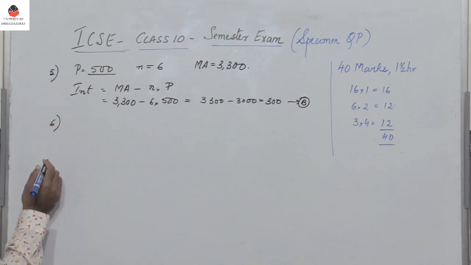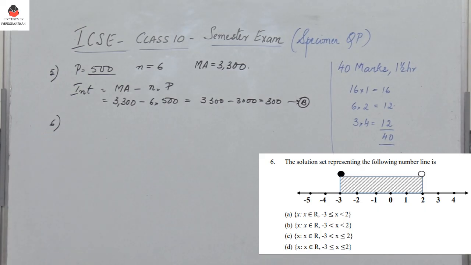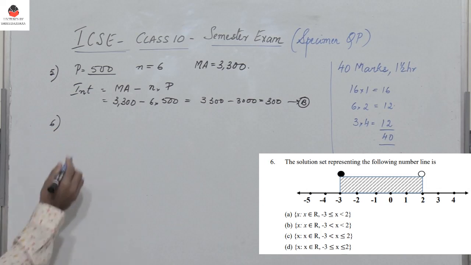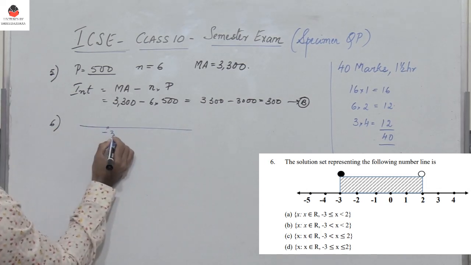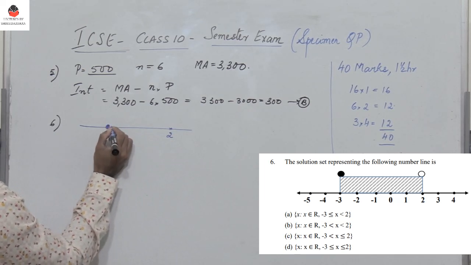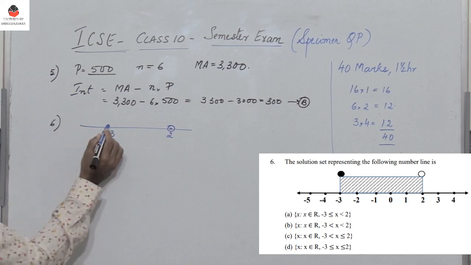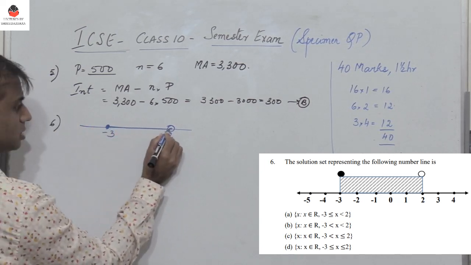Sixth one, the solution set representing the following number line. So you have a number line where from minus 3 to 2, we find that minus 3 is included and 2 is excluded. Right? Minus 3 is included and 2 is excluded.